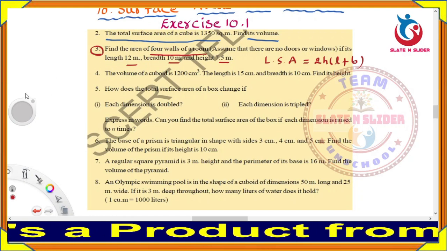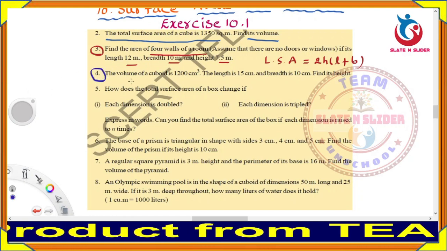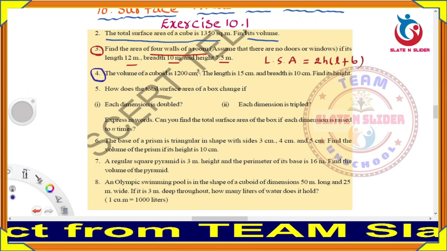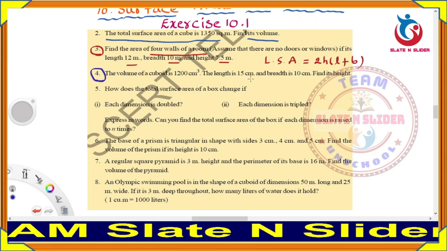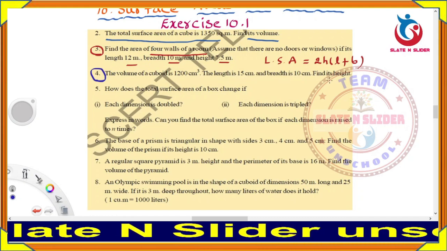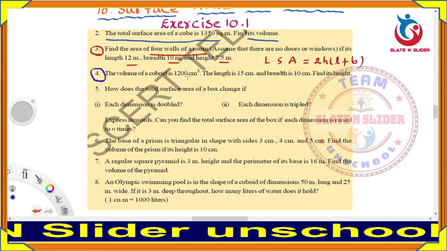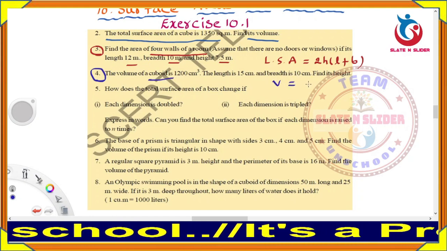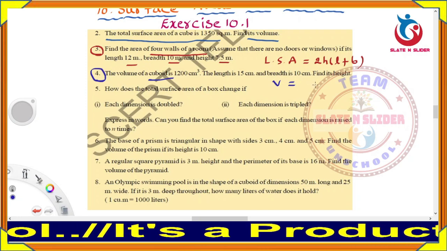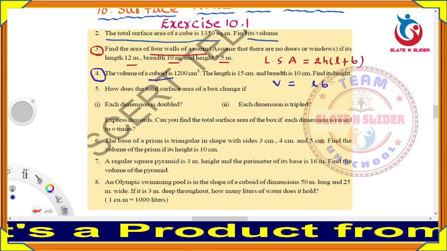And we should discuss the fourth one, that is the volume of a cuboid is 1200 cubic meters, and the length is given, breadth is given, and we should find out the height. Yes, here this is a direct one, cuboid, the volume is equal to LBH.